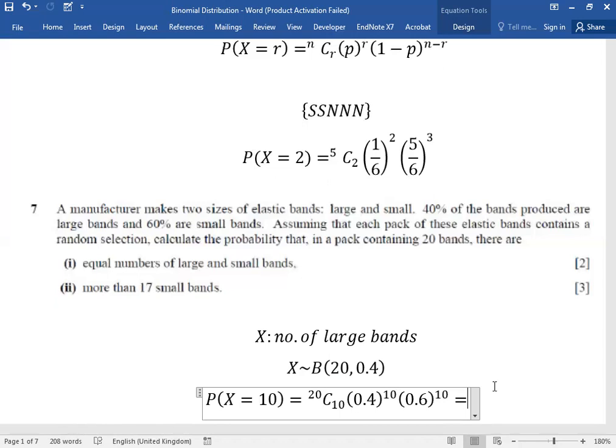Yes, what is the answer? Make sure you write all of this down, because if you don't write notations it will become very difficult for you.